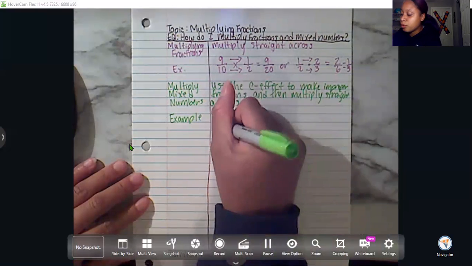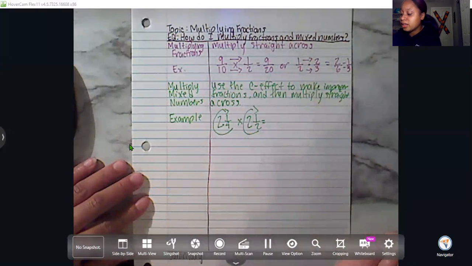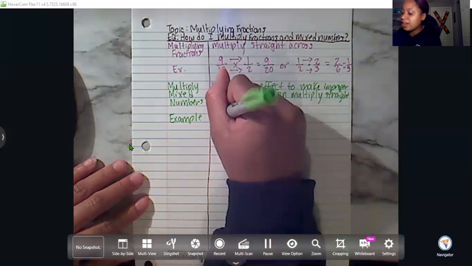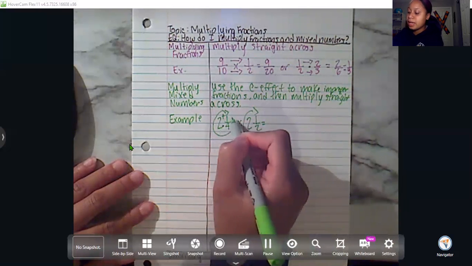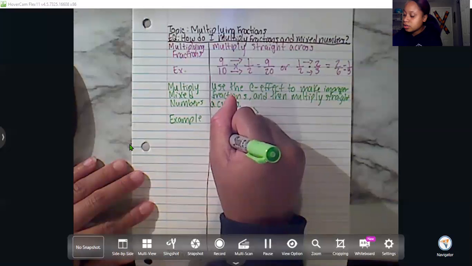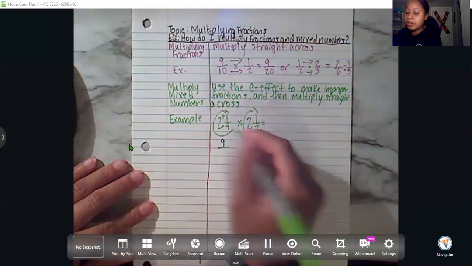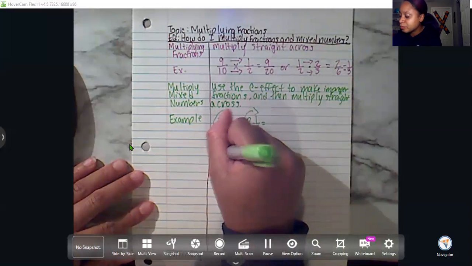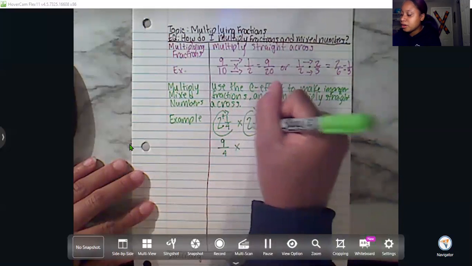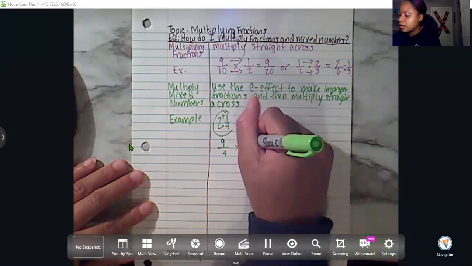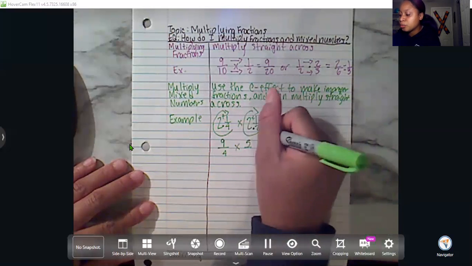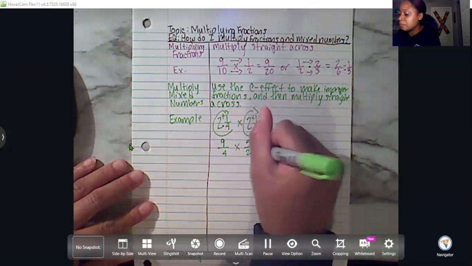So remember, you multiply the denominator times the whole number, and then add the numerator. So you have 4 times 2 is 8, 8 plus 1 is 9. So 9 is your new numerator, and your denominator remains the same, 4. And then same thing here. 2 times 2 is 4, plus 1 is 5. So then 5, and your denominator stays the same.